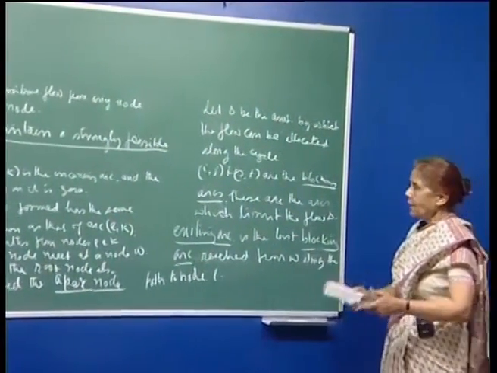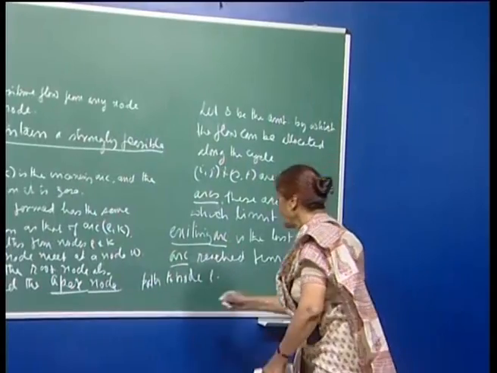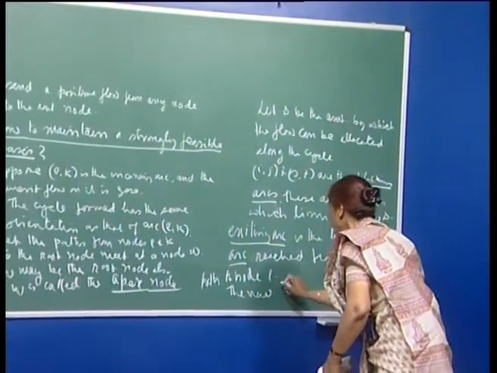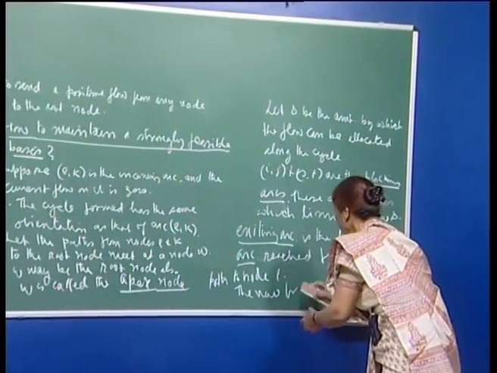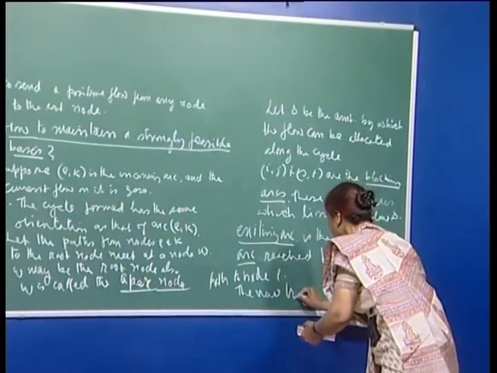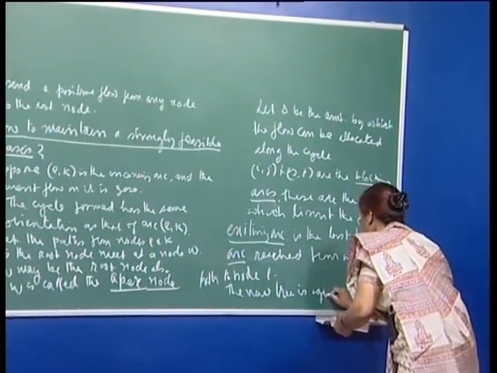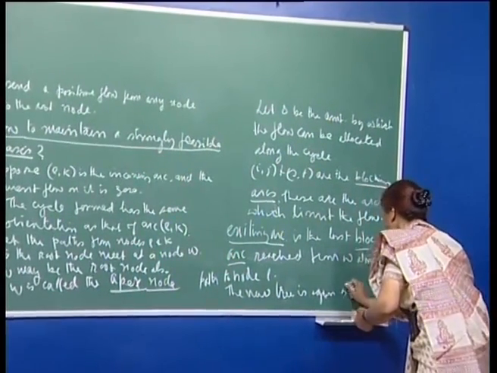If you do it, then the remaining new tree is again strongly feasible.